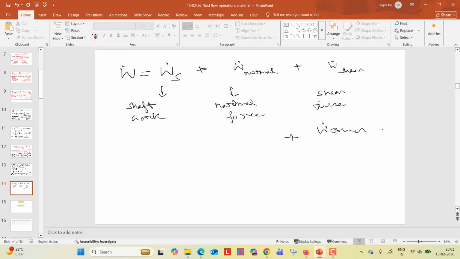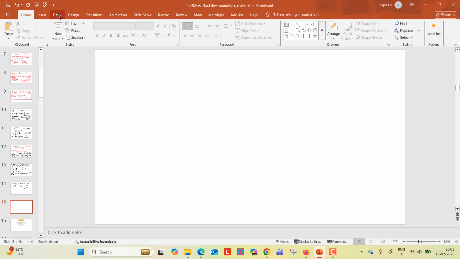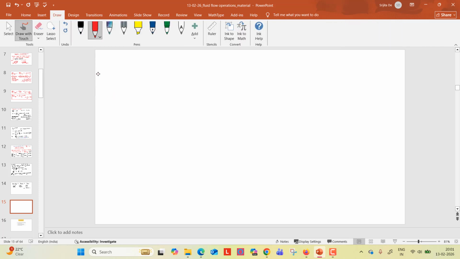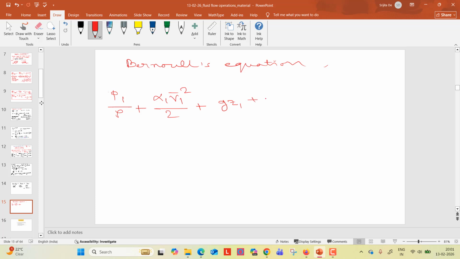The general form of Bernoulli's equation is this: this is the potential head P1 by rho, this is the kinetic energy head, this is the work done, plus P2 by rho plus alpha 2 V2 square by 2 plus g Z2 plus H_D.